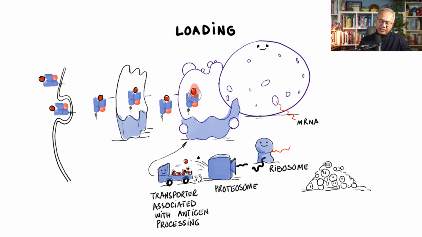Imagine that we have an antigen that has been brought in by the transporter, but the antigen is bigger in size and it will not fit on MHC I. In that case, the antigen is thrown out or ejected from the rough endoplasmic reticulum into the cytoplasm, where either it will need to be trimmed to size, meaning it would go back to the proteasome, get shredded further and then brought back in, or it will be ubiquitinated and destroyed.